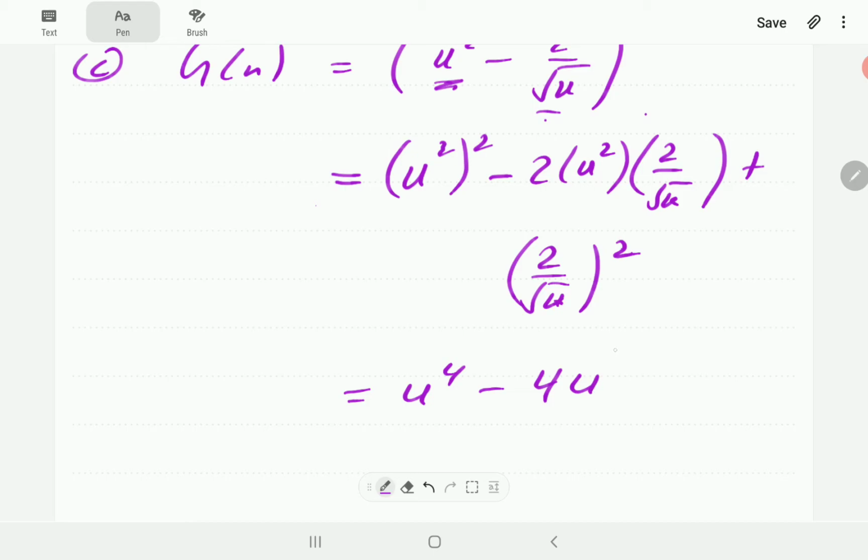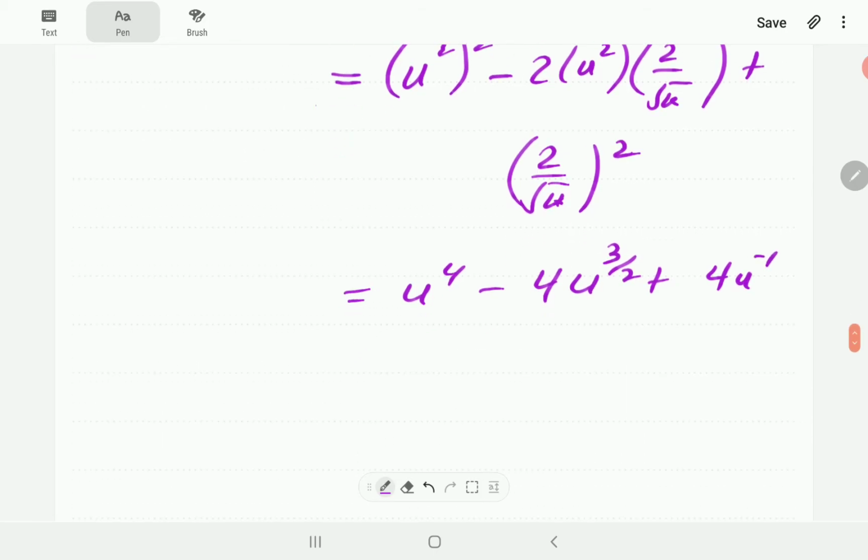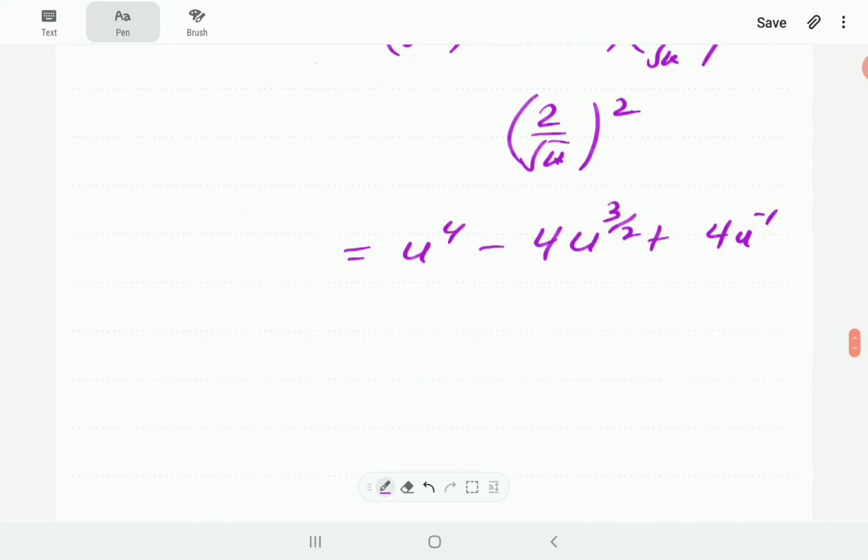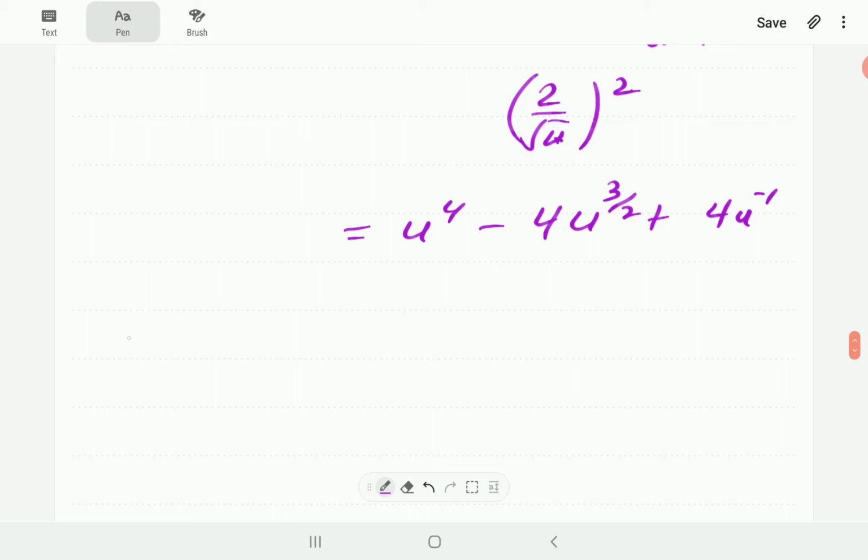So it's going to give us 4u to the power 3 over 2. And then the last one is going to be 4 times 1 over u, so it's going to be 4u to the power -1.